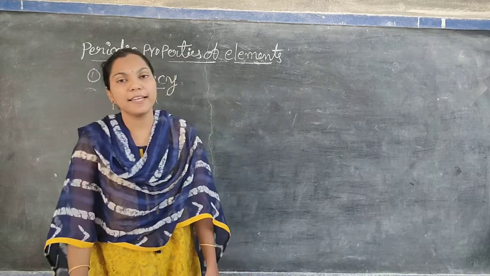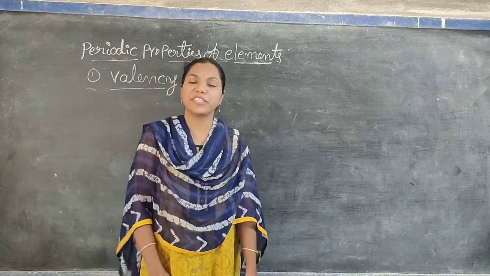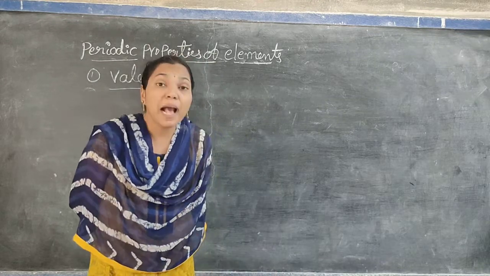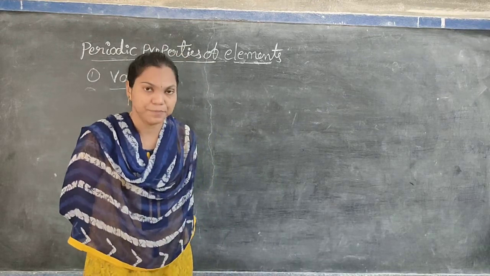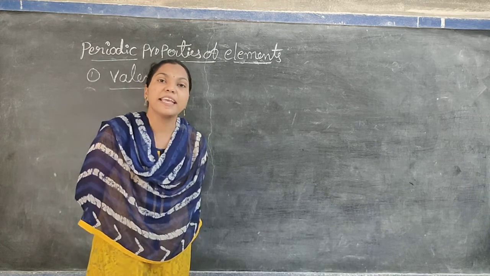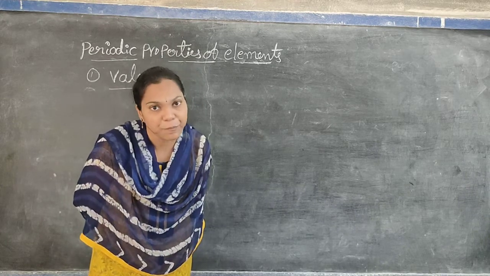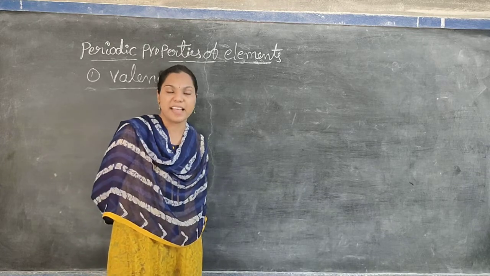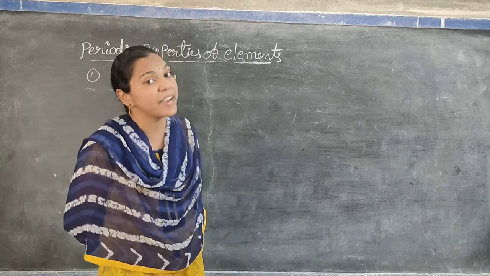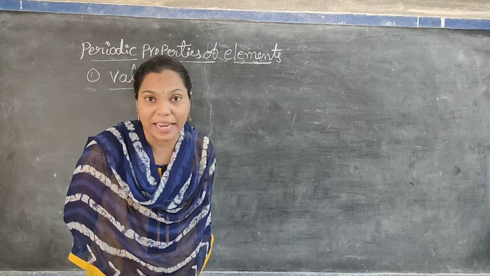What is meant by valency? In lower classes also we studied this. It is the combining capacity of an element. The definition: the combining capacity of an element is known as its valency. For that element, how much combining capacity it has with another element is known as its valency.